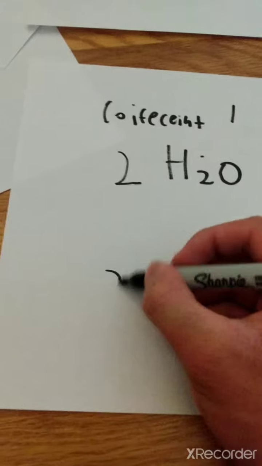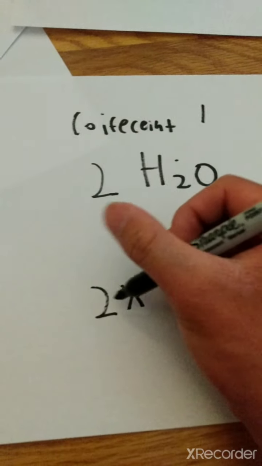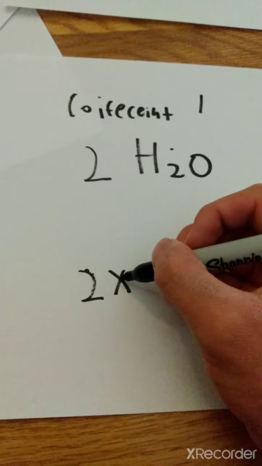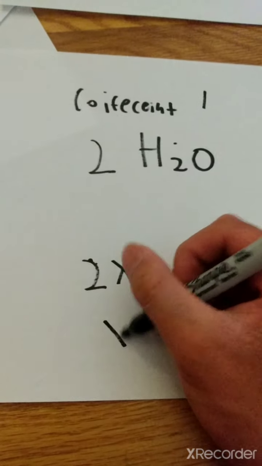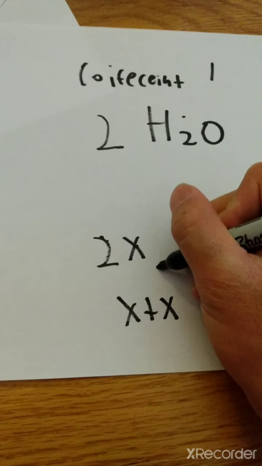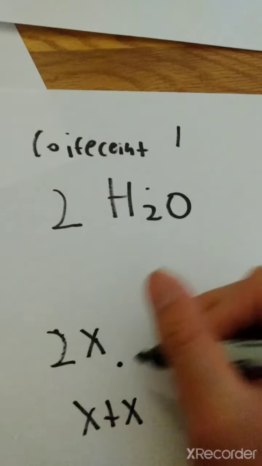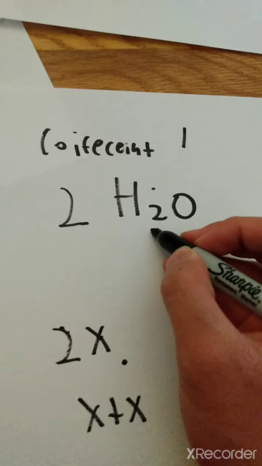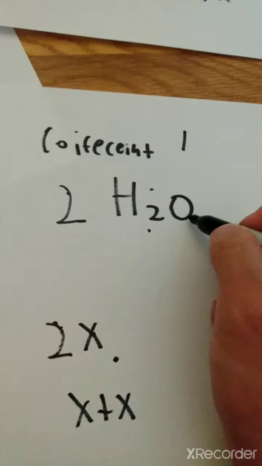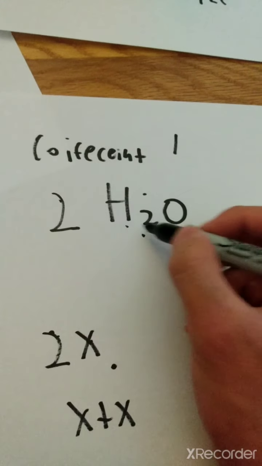Like in mathematics, in 2x, that 2 is the coefficient, because it's telling us that there are 2 x's, x plus x. That also applies to the elements in science, because that 2 is telling you that there are 2 molecules of H2O.